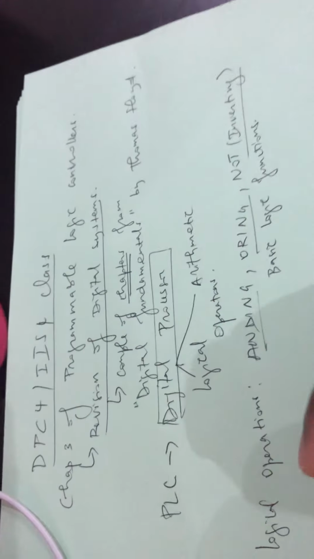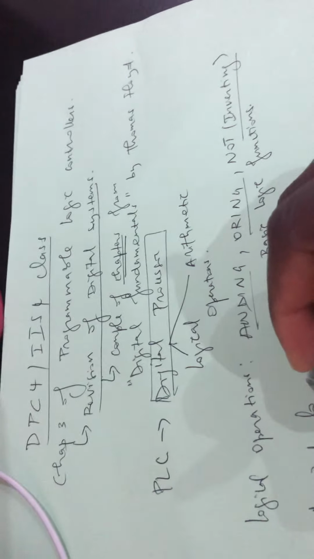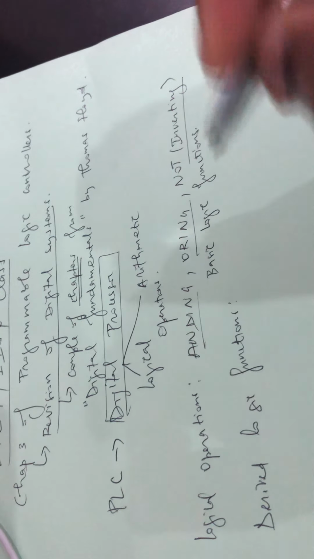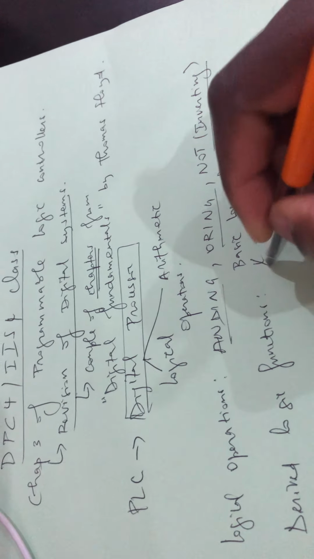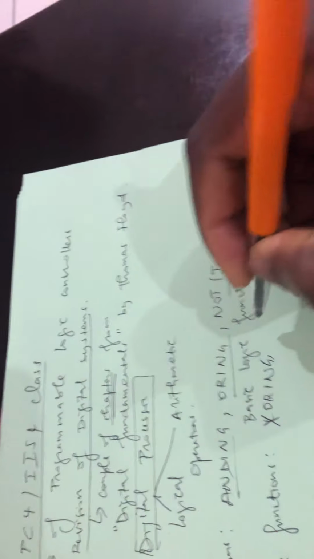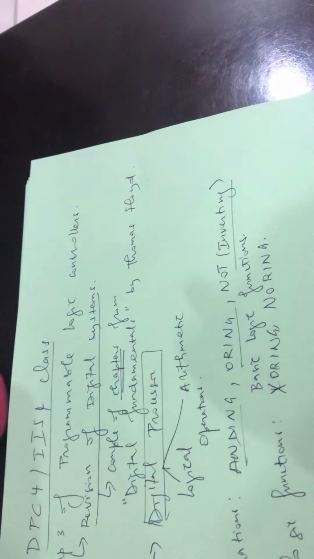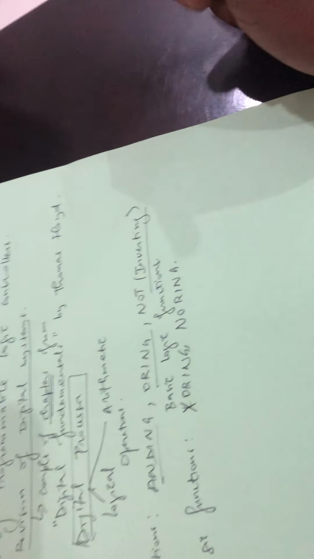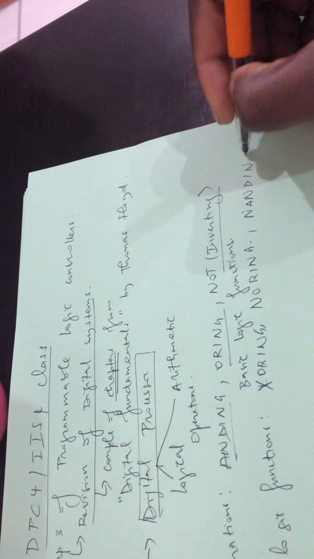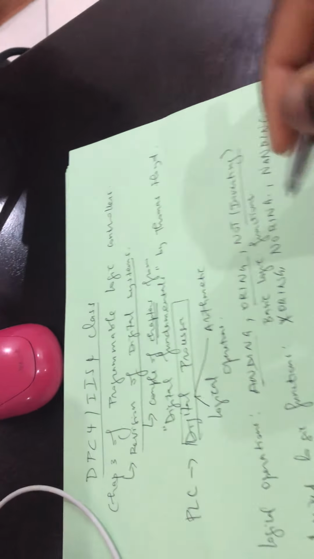From those three, we have what we call derived logic functions. And these include XORing. You can think of NORing, which is a combination of ORing and NOTing or inverting, NANDing. And this can become more and more complex.